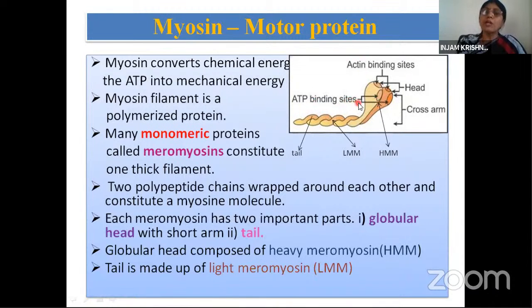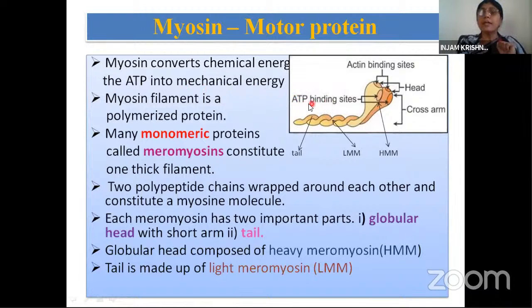Their importance you are able to understand during the explanation of muscle contraction. Actin binding site, actually this site binds or attaches to actin. ATP binding site. Already, as I told you, motor protein, it converts the chemical energy, the ATP, into mechanical energy.